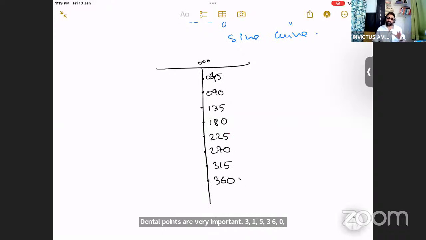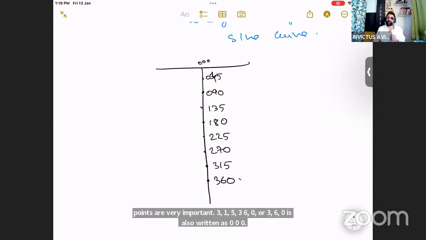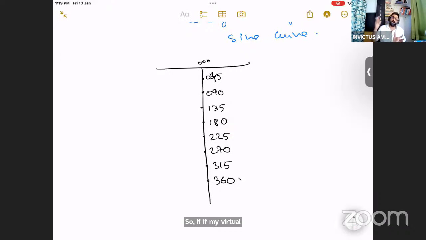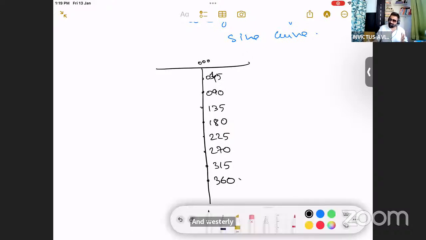So if my virtual magnet or my VSI is induced aft of my compass, behind, then what will happen to my headings and westerly deviations or easterly deviations?